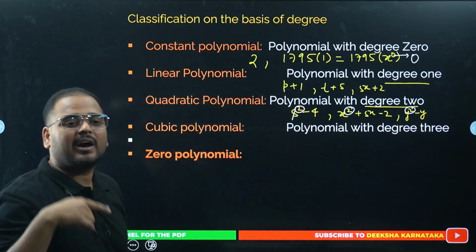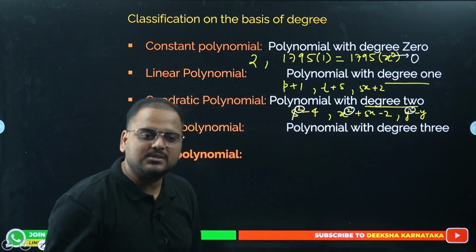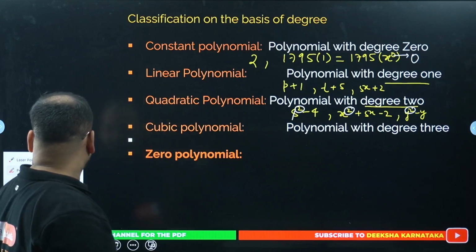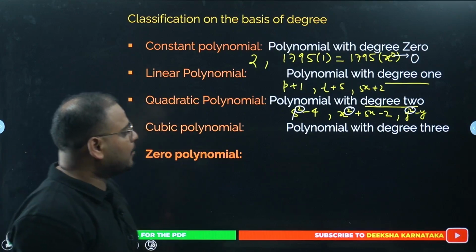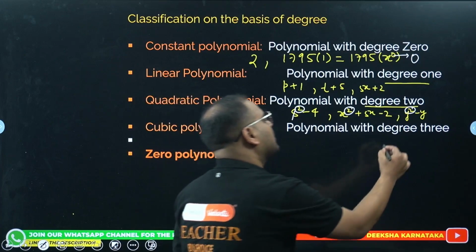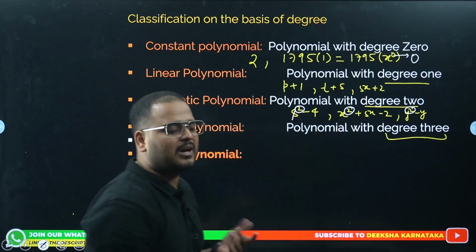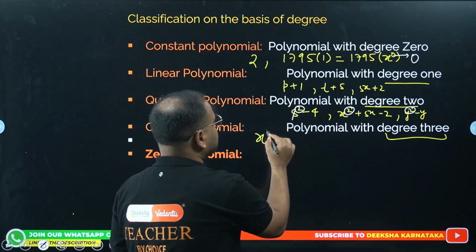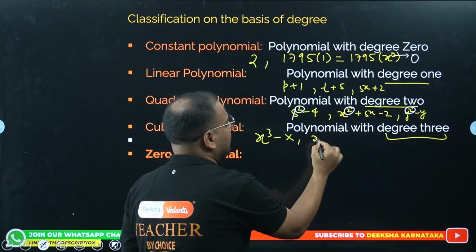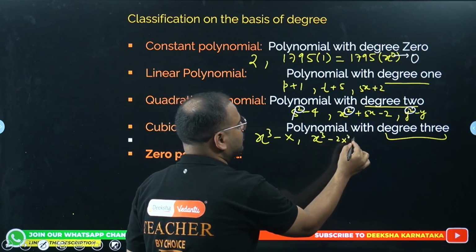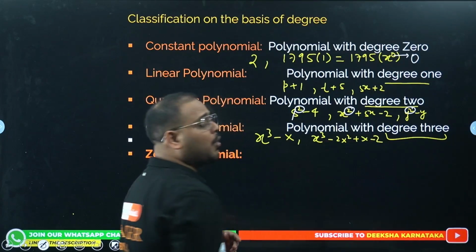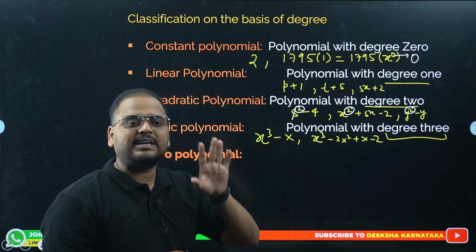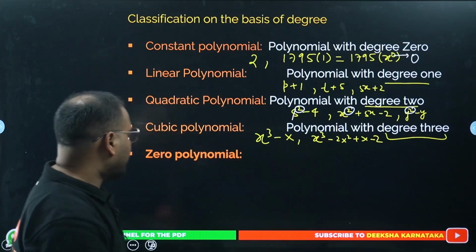So the highest exponent of the variable is 2. Excellent. Cubic polynomial, as the name suggests, degree is 3. Examples: x cube minus x, x cube minus 2x square plus x minus 2. Whenever the highest power is 3, it is a cubic polynomial.